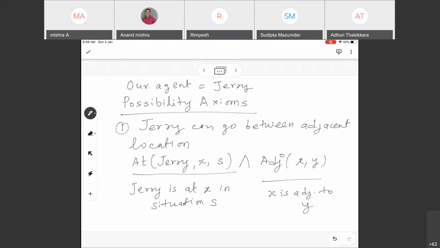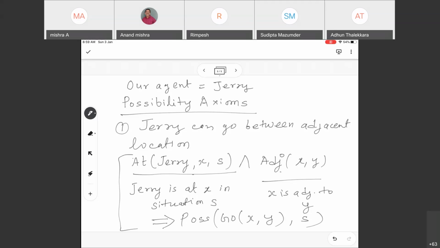So if these two things are given, what is the possibility? Jerry can go between adjacent locations, right? So the possibility is go X, Y, in situation S. This is called the possibility axiom.